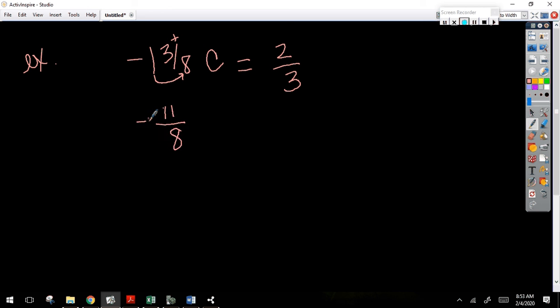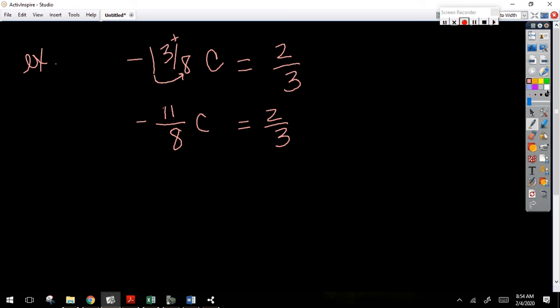And it is negative. The negative is not going to impact what you add and what you multiply. It's just going to make the whole thing negative in the end. So I have negative 11 over 8. Now that I'm in an improper fraction, I'm ready to do the reciprocal.